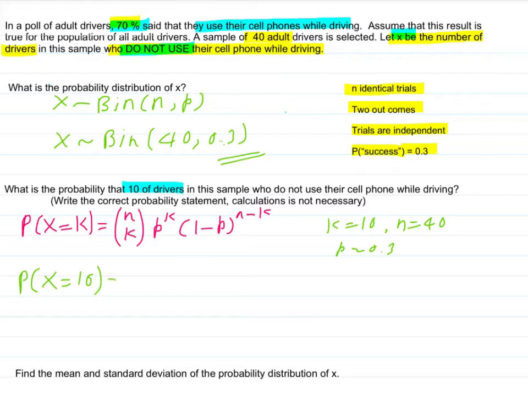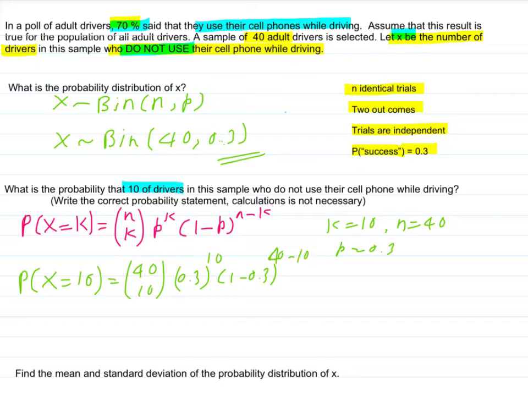So we plug in the numbers: 40 choose 10, times 0.3 to the 10, times 1 minus 0.3 to the power of 40 minus 10.